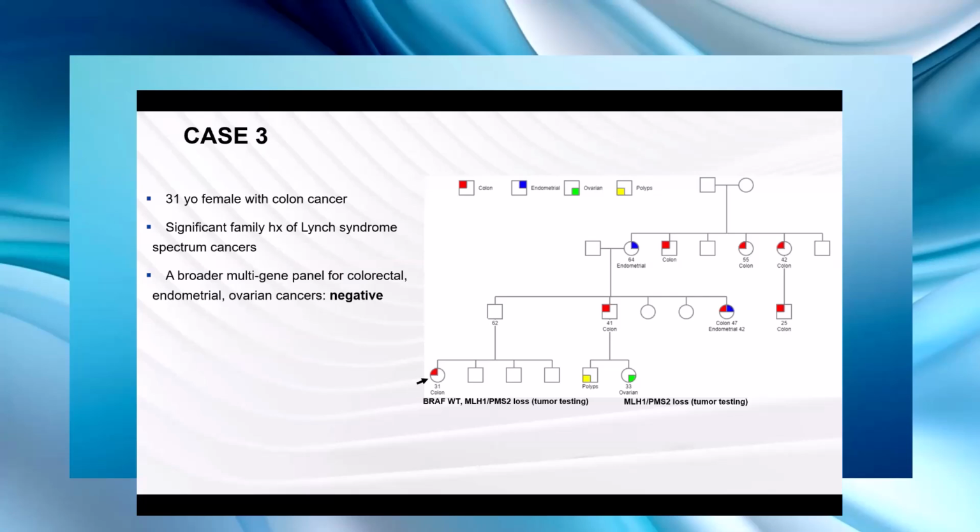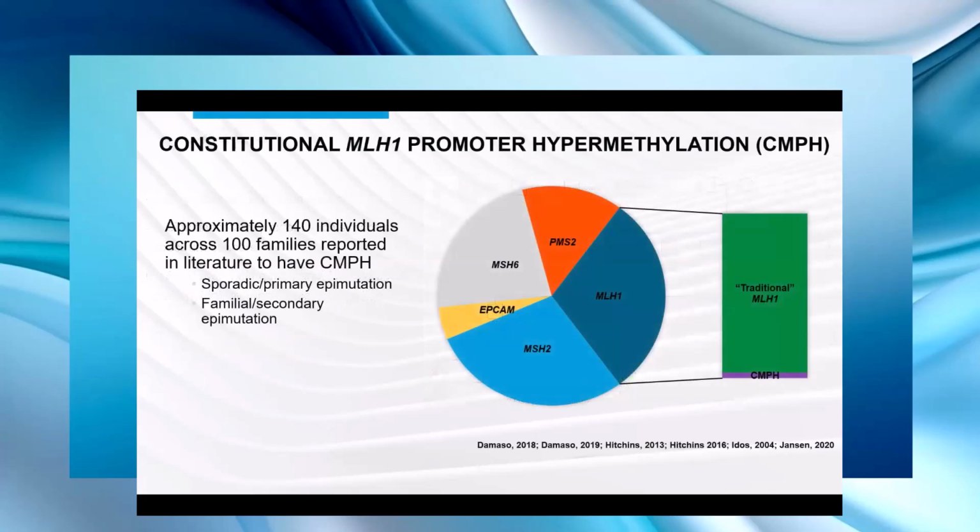As geneticists, we put our detective hat on and dug deeper into Lynch syndrome related mutation spectrums, and we realized there's a small portion of Lynch syndrome patients resulting from a phenomenon called constitutional MLH1 promoter hypomethylation. This is only a very small portion of MLH1 related Lynch syndrome cases, but it does happen.